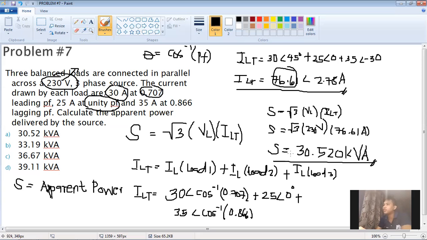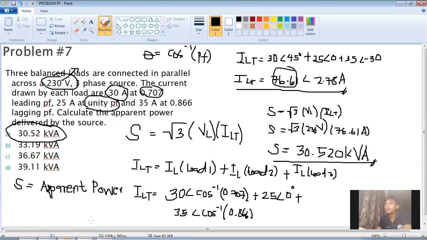Upon calculation, that will be 30.520 kVA, or kilovolt-amperes. Upon checking in our choices, that will be 30.52 kVA, so here at A.